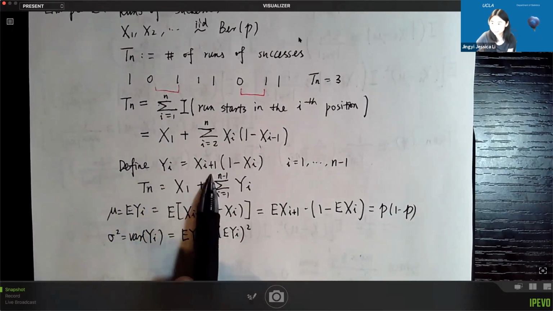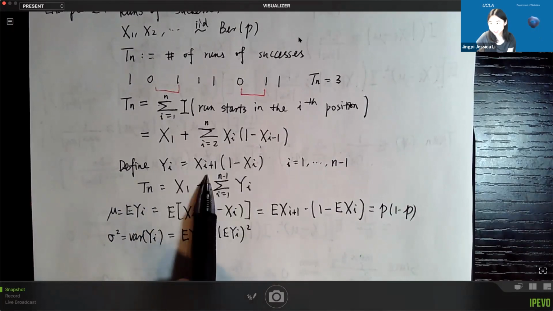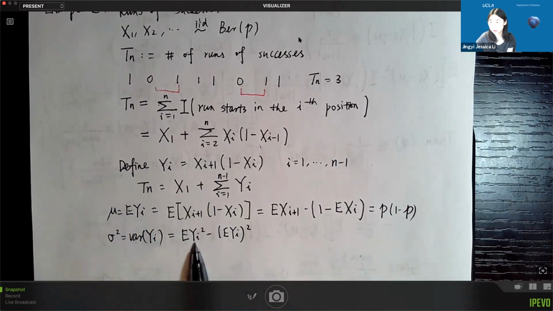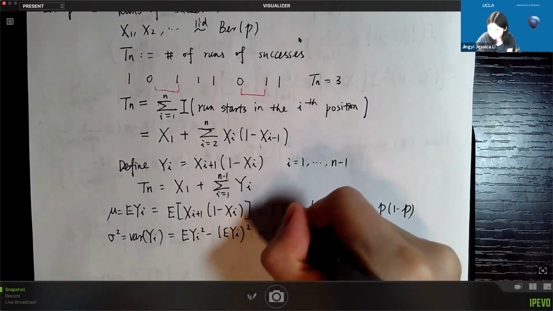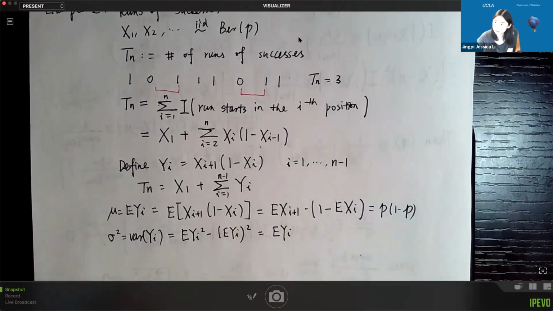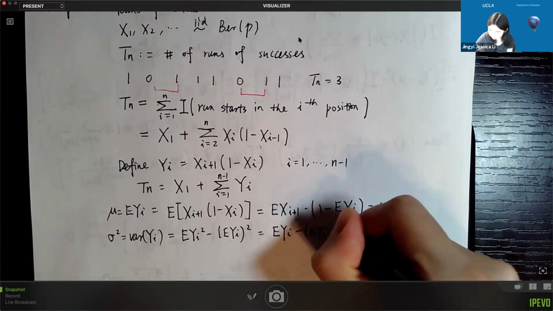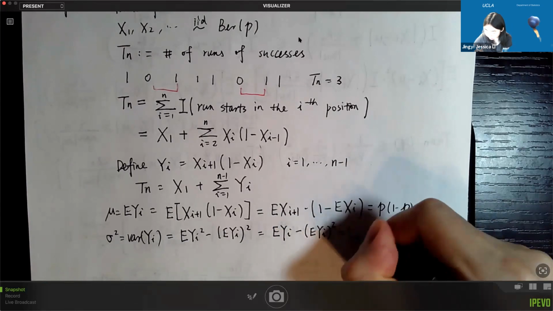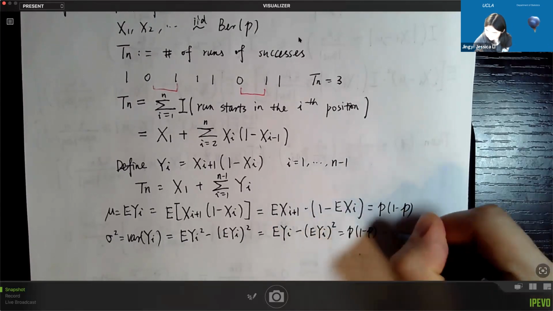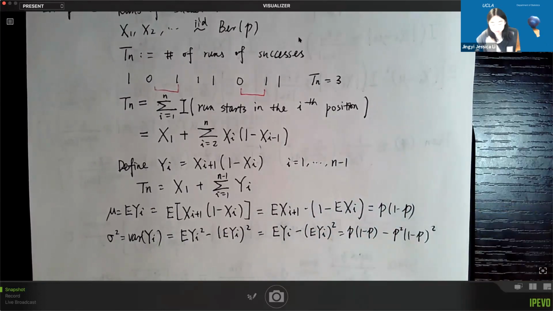Interestingly, yi can only take 0 or 1, right? That's the only two values yi can take. Because 0 squared is 0 and 1 squared is 1, the expectation of yi squared is just the expectation of yi. So I can write it like this: I get p(1 minus p) minus p squared (1 minus p) squared. That's the sigma squared.